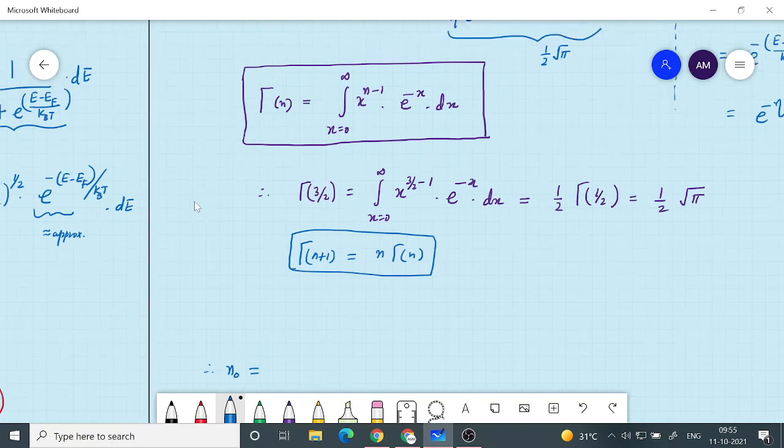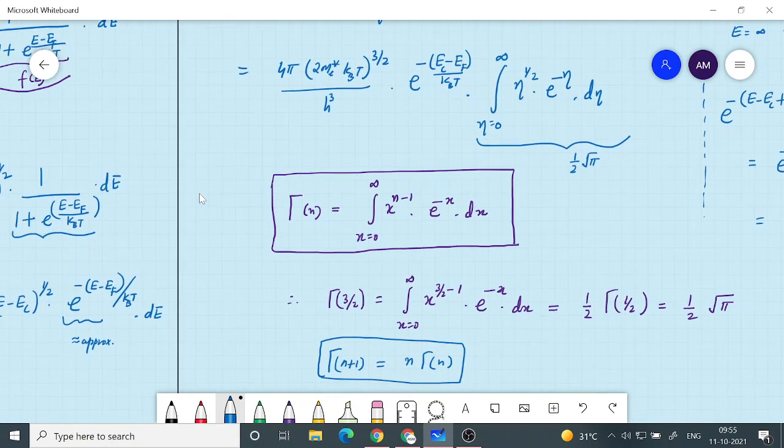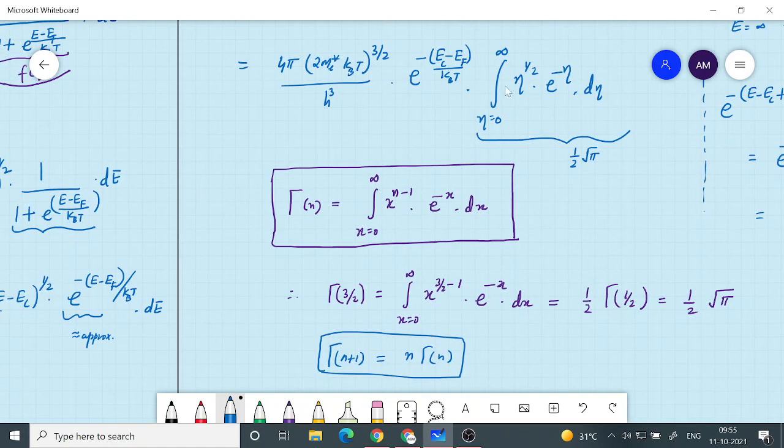4 pi was there, and then divided by 2, so that will make it 2 pi, and then divided by square root of pi. Sorry, not divide, it is multiplying by pi, so you can put the pi also inside the other part.